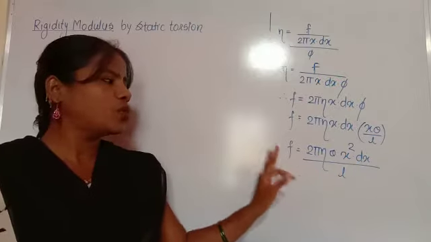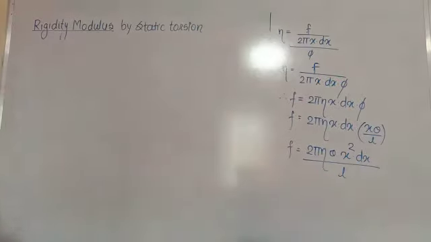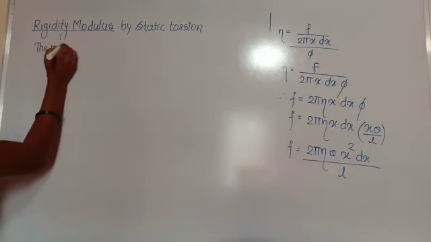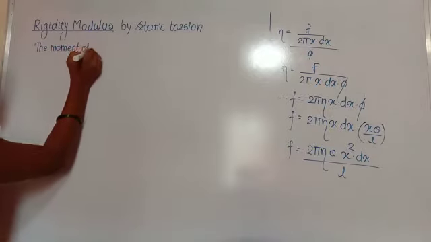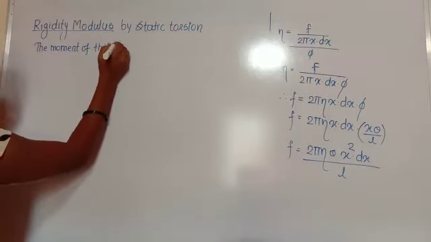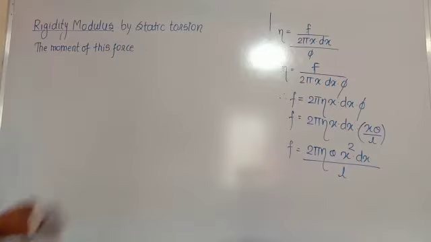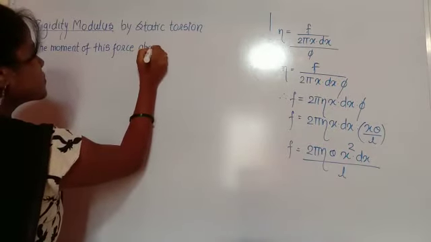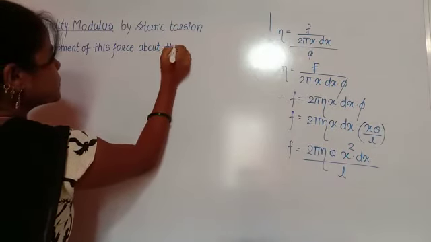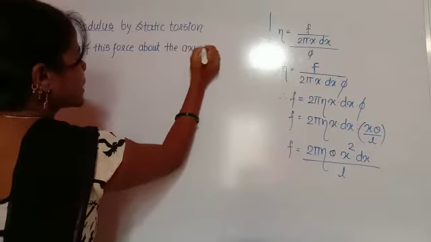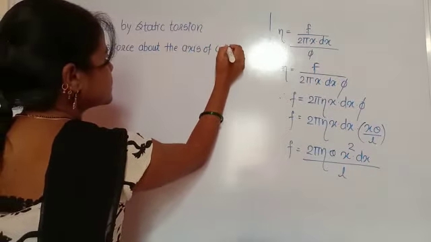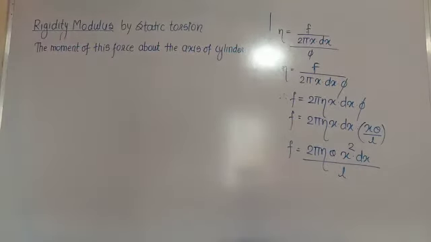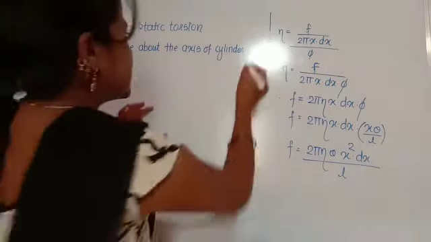Now we have to calculate the moment of this force about the axis of the cylindrical rod, or cylinder.